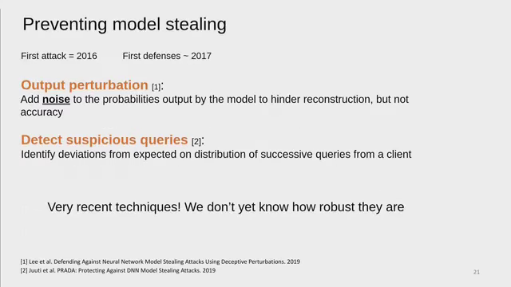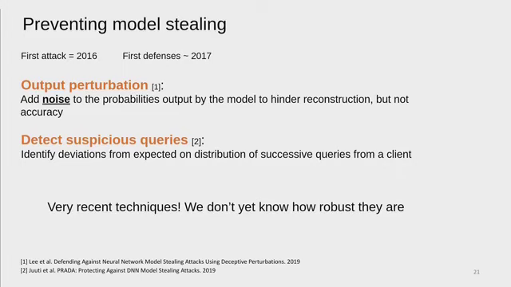Now, model stealing is somewhat recent, right? The first attack was around 8 years ago, the first defense 7 years ago. The idea is the same as we've seen with some of the privacy aspects last week: do some output perturbation, just adding noise to reduce the power of the attack.